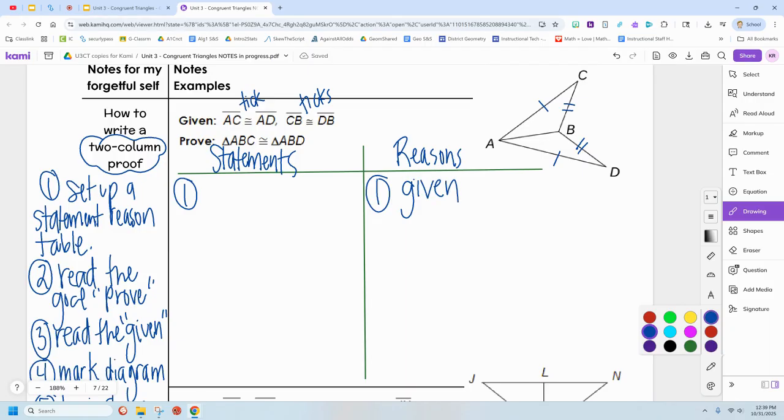This is a copying task, which requires very little brain cell work. Copy. AC is congruent to AD. CB is congruent to DB.